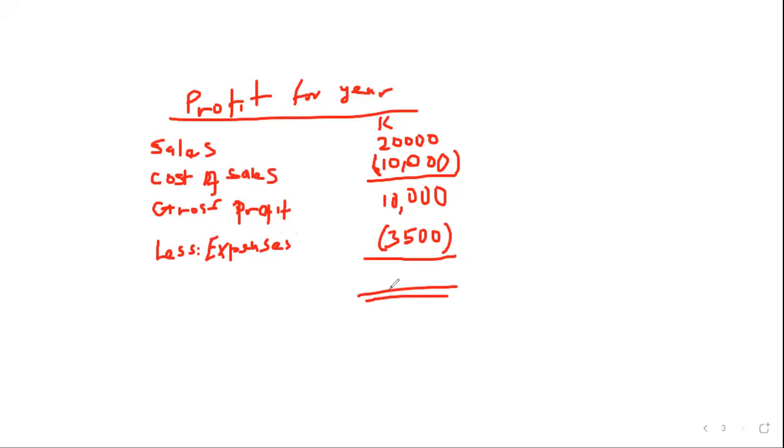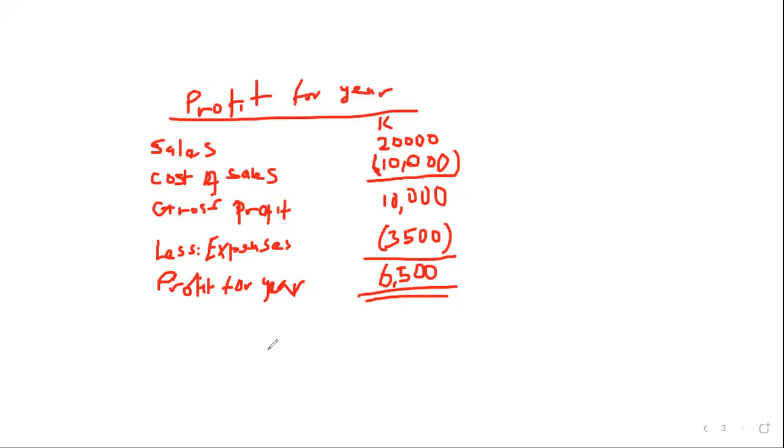So when we less that from that, we'll get 6,500. So this is our profit for the year.